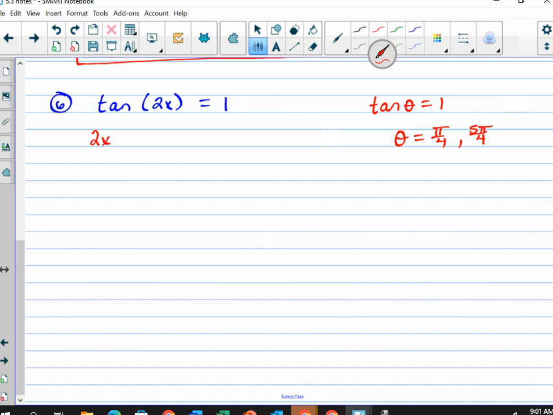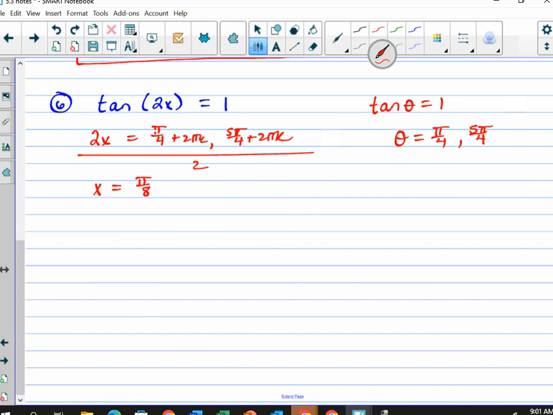All right, guys, there's a couple ways you can go about doing this one because it's tangent. Are we okay first that tangent equals 1 at pi over 4 and 5 pi over 4? Okay. You can do this the same way we have been doing it and go, okay, pi over 4 plus 2 pi k, 5 pi over 4 plus 2 pi k, and divide by 2.